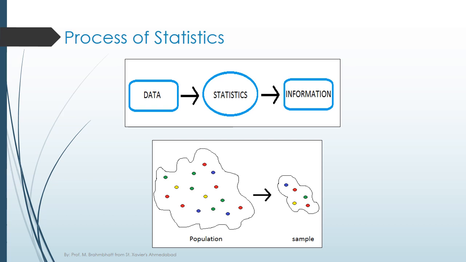Finding the average height is the statistical procedure, but the 50 students are the sample, which is taken from the total 2000 students of the school.